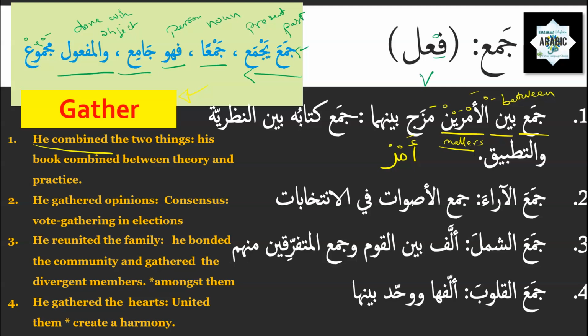The verb مزج. It means blend and also combine. So مزج, I'll write it here, blend. بينهما. He combined the two. The example here we have is جمع كتابه.